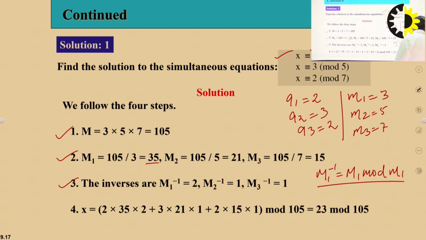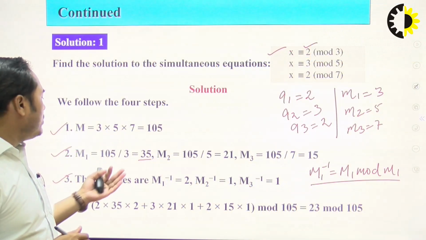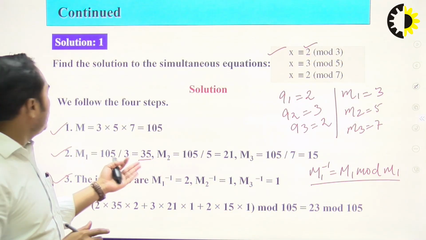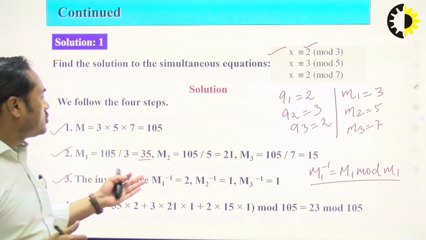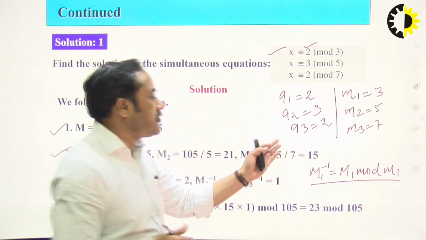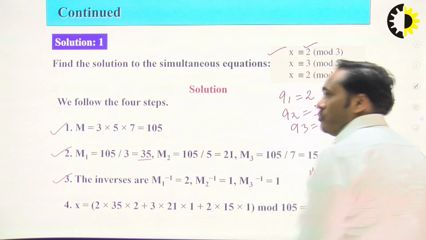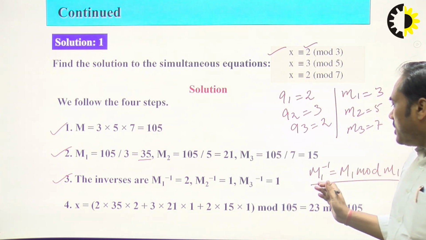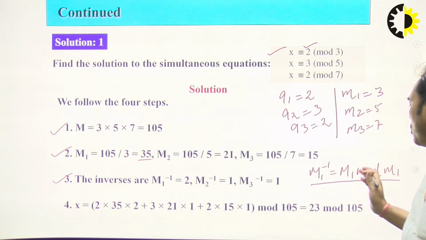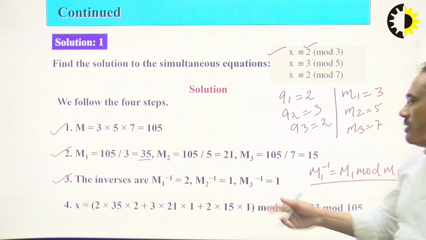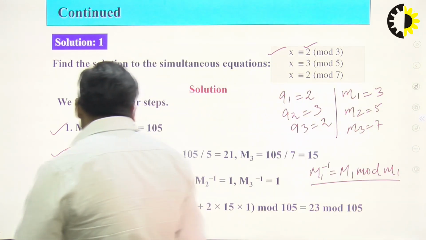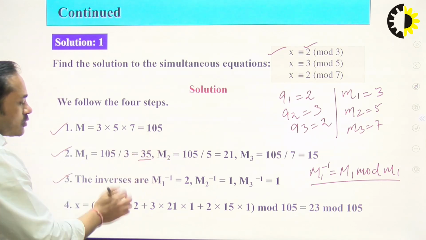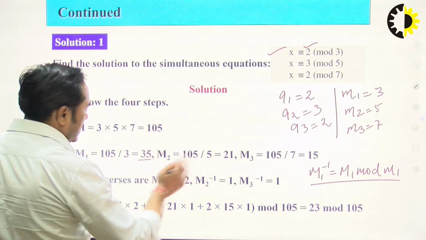By using this formula, you can solve the value of M1 inverse. M1 equals 35, and m1 equals 3. Similarly, M2 inverse equals M2 mod m2. By using this formula, you can solve M1 inverse, M2 inverse and M3 inverse.